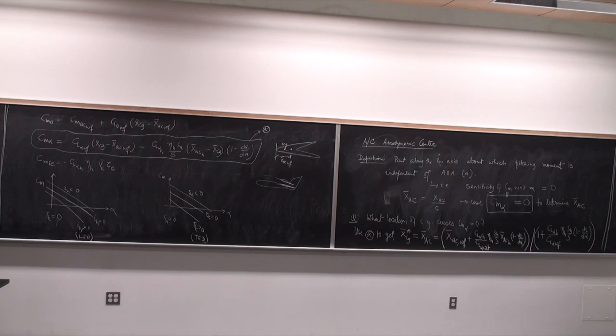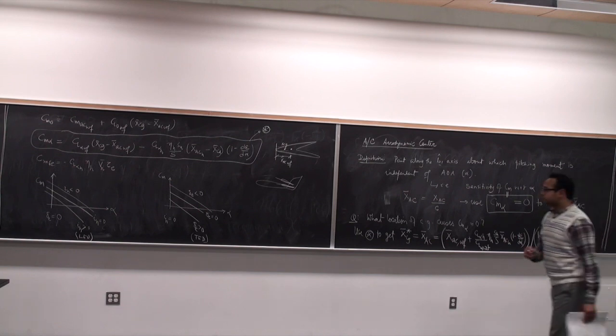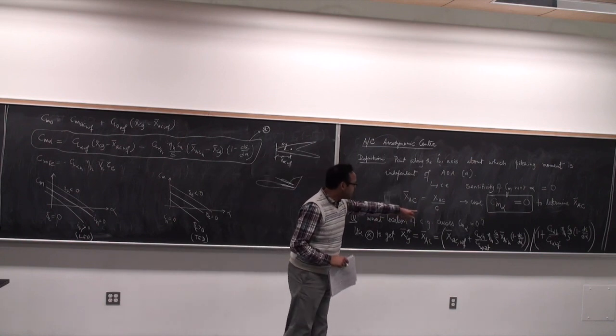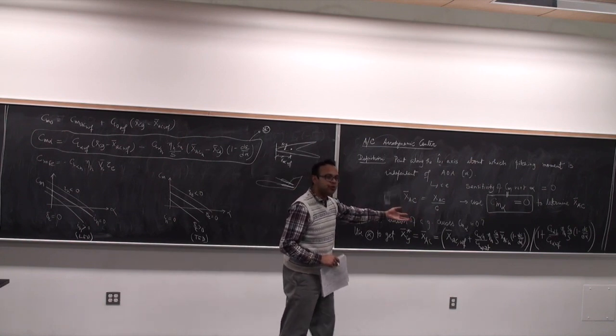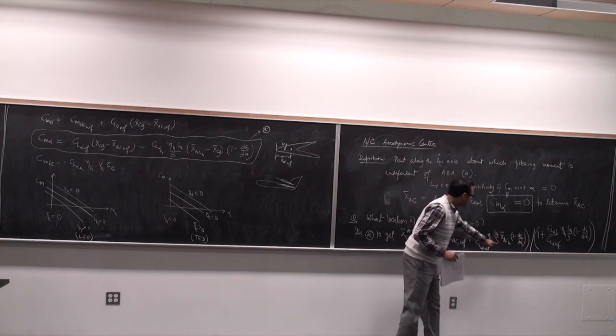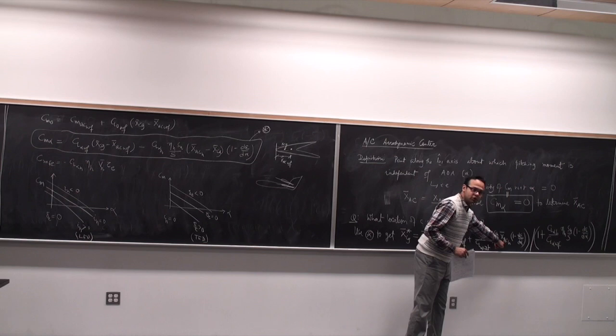So I don't know how much experience you have in taking averages. If you have two numbers, A and B, what's the average of A and B? Well, you're assuming that A and B both have equal weightage. The reason I'm going off on that discussion is that I'm going to show that it's the average of the aerodynamic center of the wing fuselage and the aerodynamic center of the horizontal tail.